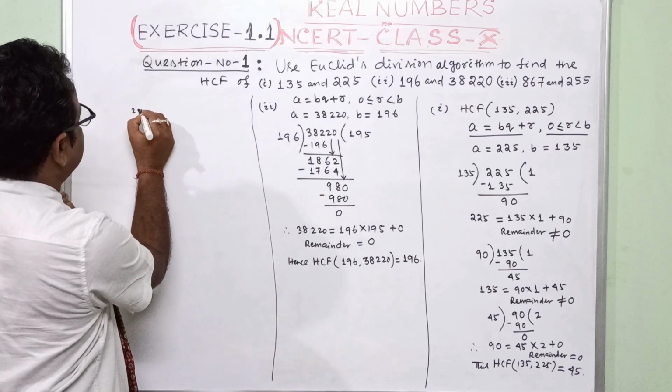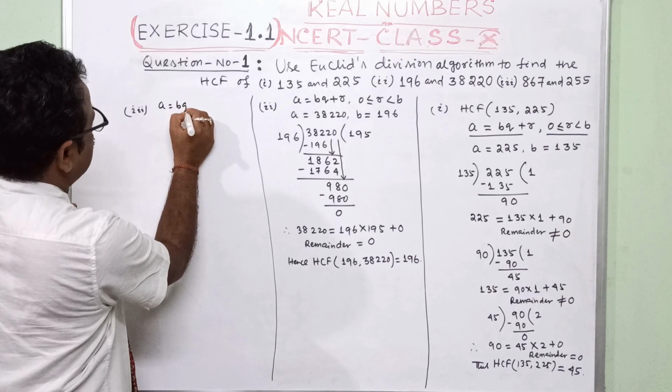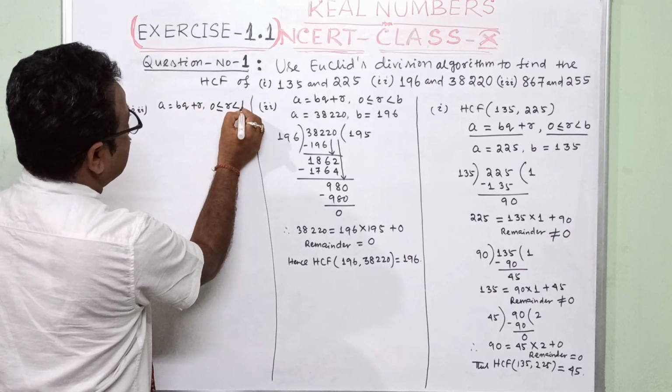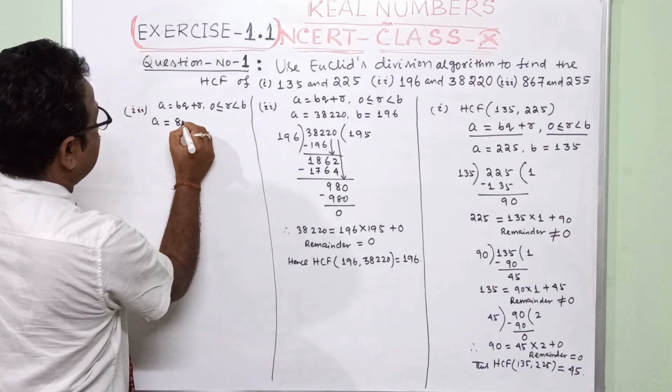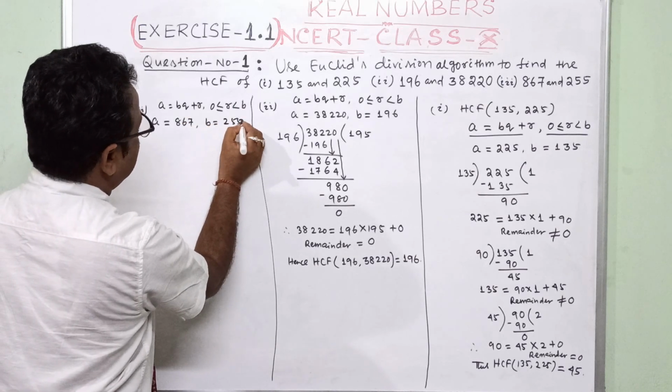Part (iii): same formula, a = bq + r, 0 ≤ r < b. Here a = 867 and b = 255.